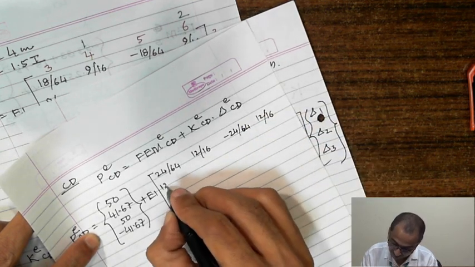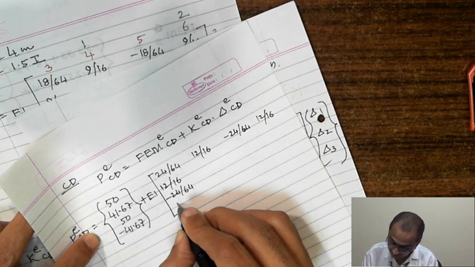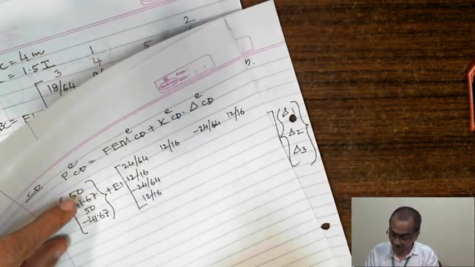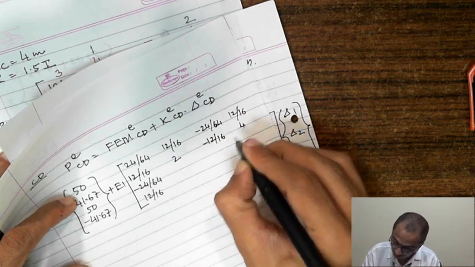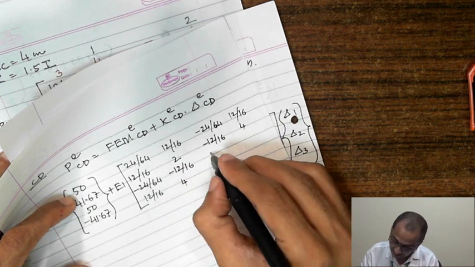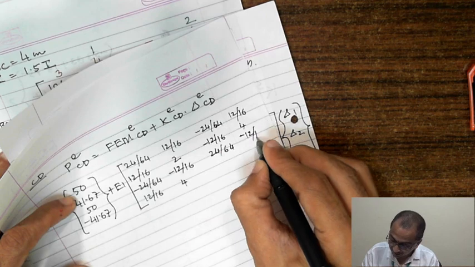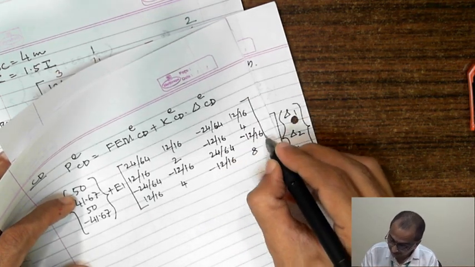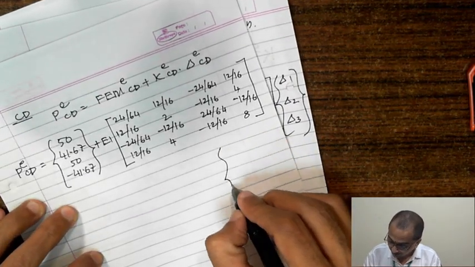Same is the column, 12 by 16, minus 24 by 64, 12 by 16. This is 8 by 4, minus 12 by 16, so 2, minus 12 by 16, 4. Same is the column, minus 12 by 16, 4. Here 24 by 64, minus 12 by 16, minus 12 by 16 and 8. This is my element stiffness matrix for CD, which I have already derived, into delta CD.